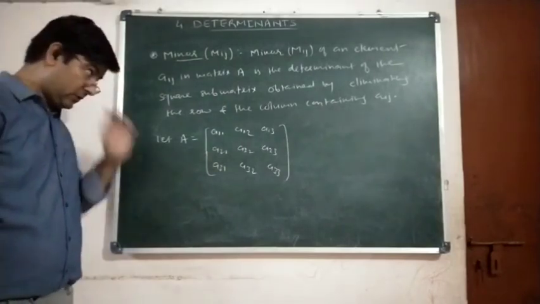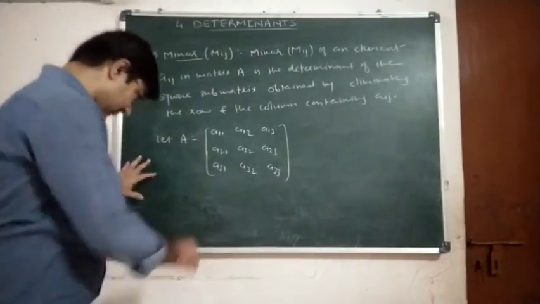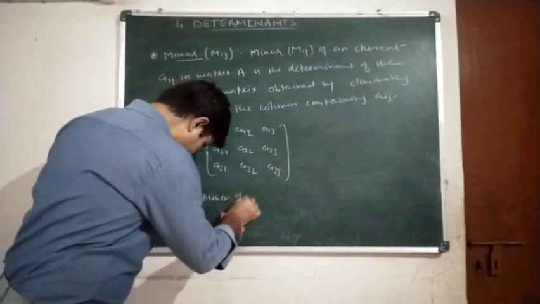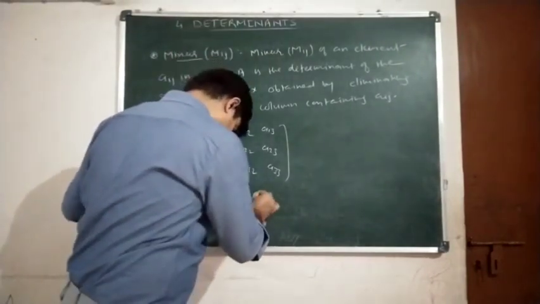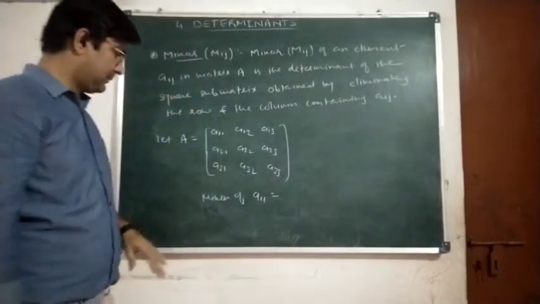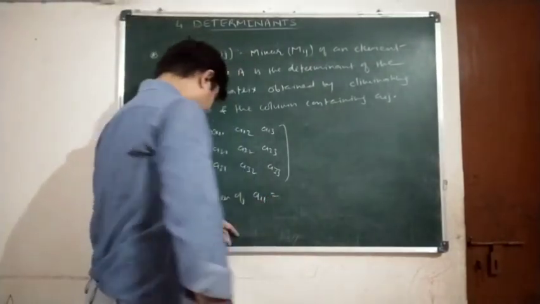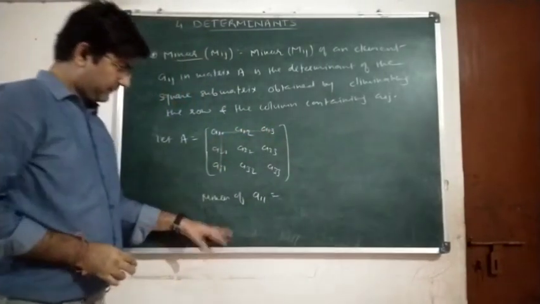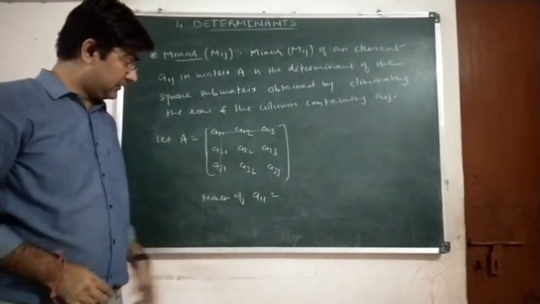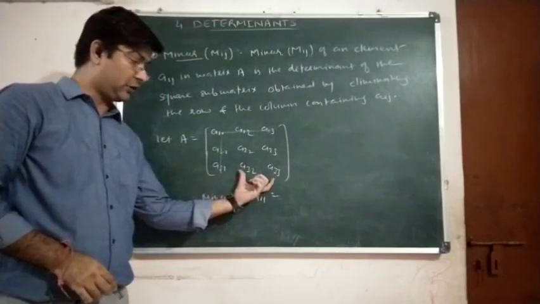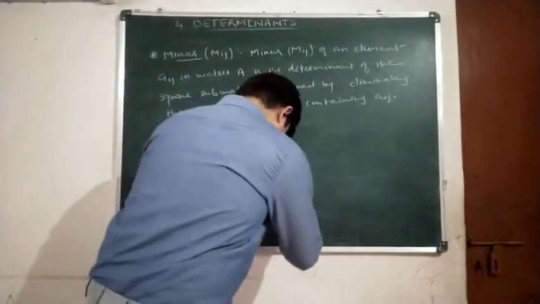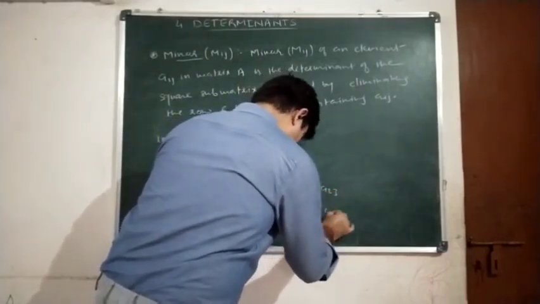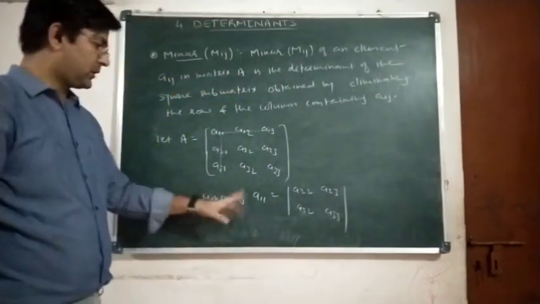Now if we want to find the minor of A11, it will be obtained by deleting the row and the column containing the element A11, and the square submatrix of order 2 we have obtained. We have to write the determinant. Clear? So the determinant is A22, A23, A32, A33. So minor of A11 is this.